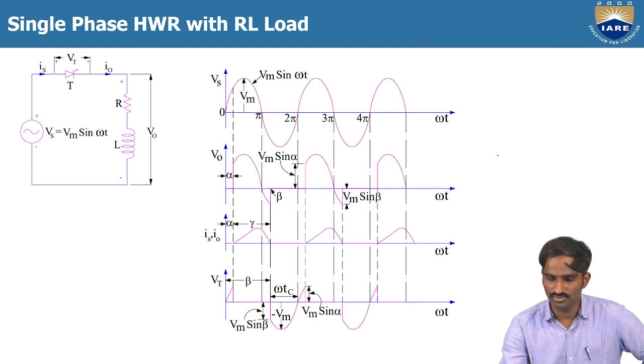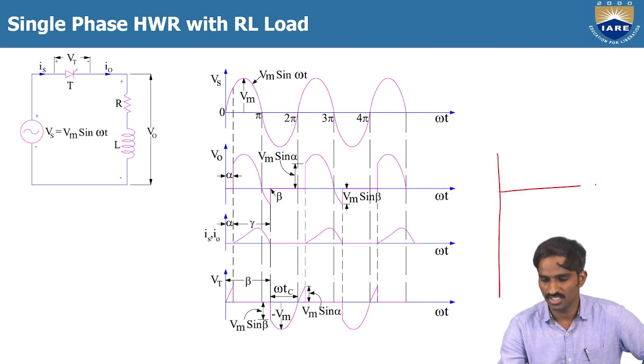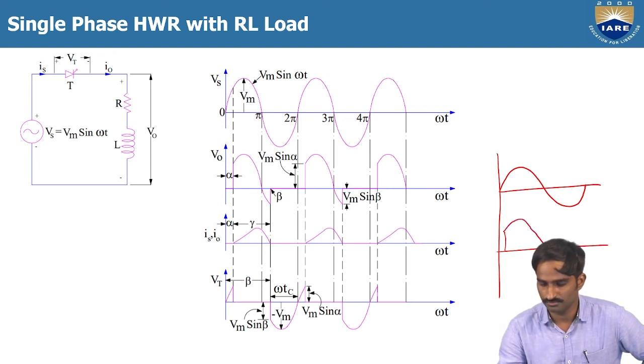But before that, as you can see here, in case of R load, the output voltage waveform is like this, with 0, pi, 2 pi.